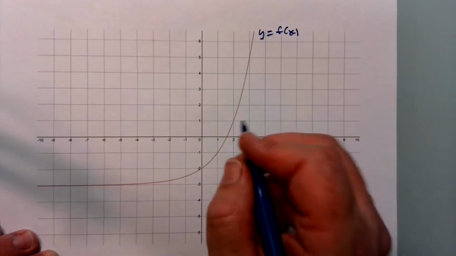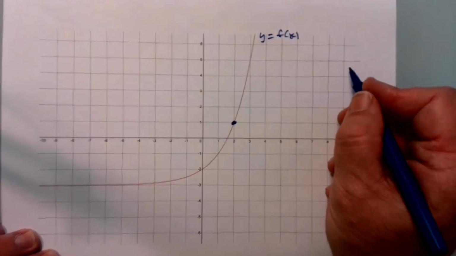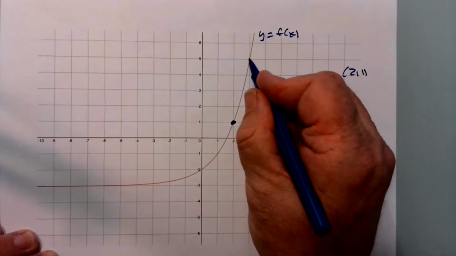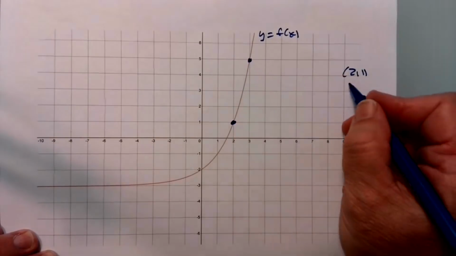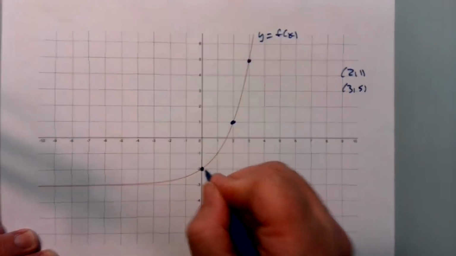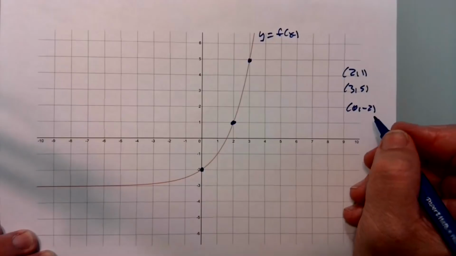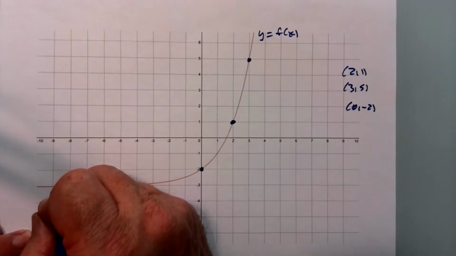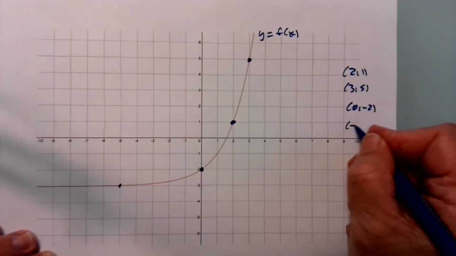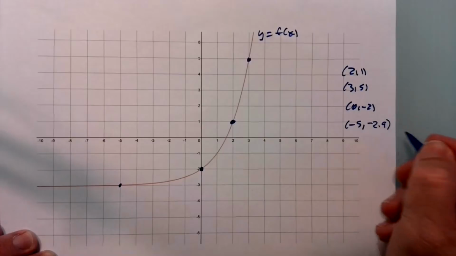So I need to find some nice points. There's the point 2, 1. X is 2, y is 1. Here is the point 3, 5. Here is the point 0, negative 2. Here's a point, I don't know, negative 5 and negative 2.9 or something like that.